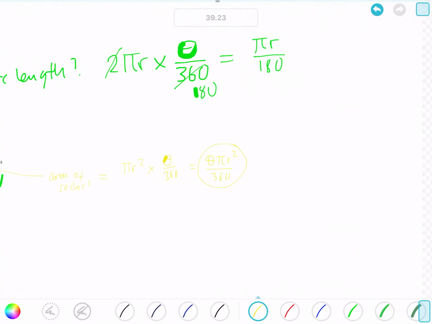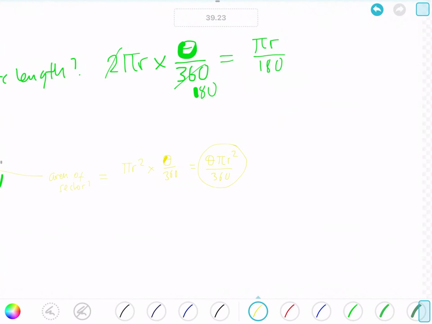Just a reminder, these two formulas will only work in radians. So let's just write that down. In your exam question, it's very important to remember that.